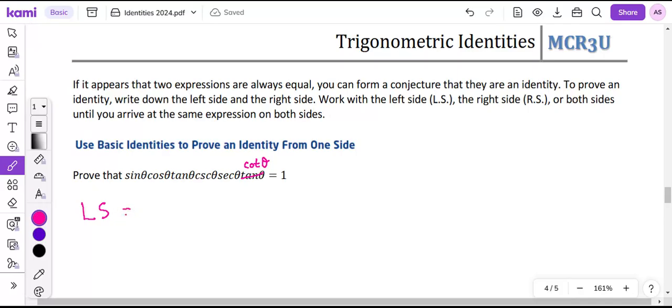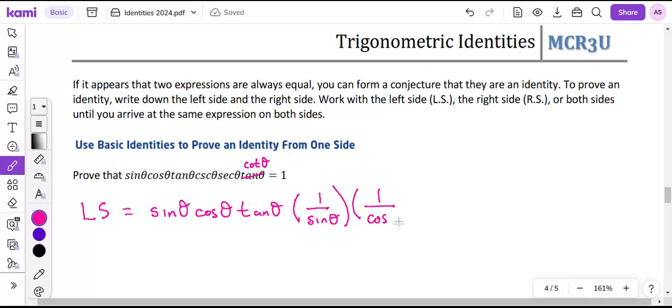So the left-hand side, if we do that, becomes this. We have sine theta, cosine theta, tan theta. But cosecant is just the reciprocal of sine. And secant is just the reciprocal of cosine.